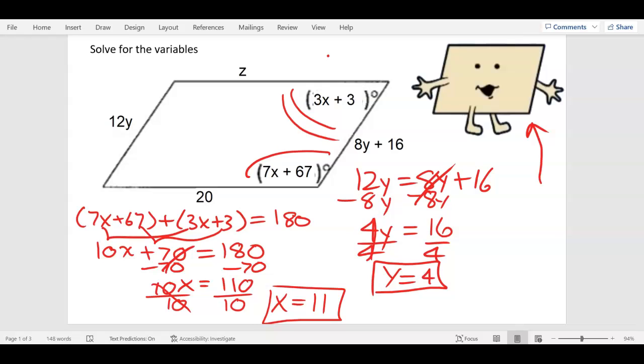Okay, so look, opposite sides are congruent. We just did that, right? We did that sideways here. It also works this way. So opposite sides are congruent in a parallelogram. So z and 20 are the same, so z has to equal 20. Okay, good. All right, so z equals 20. Sometimes it's just look at it, and that's the answer. You know what I'm saying?